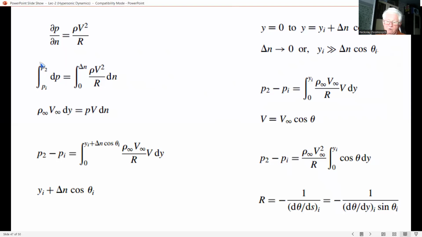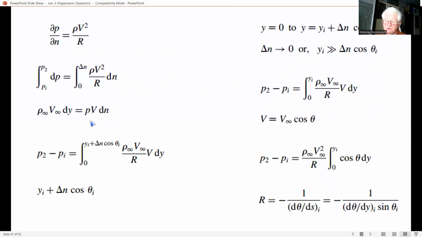Integrating dp from p1 to p2 gives the integral from 0 to delta n of rho v squared over r dn. Assuming two-dimensional flow, the constant mass flow through the shaded streamline dictates that rho v dy equals rho v dn.